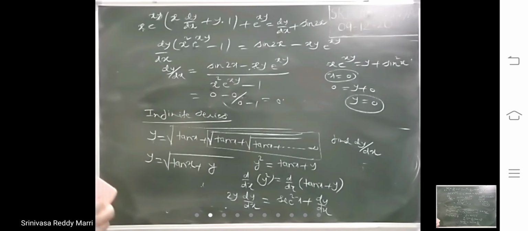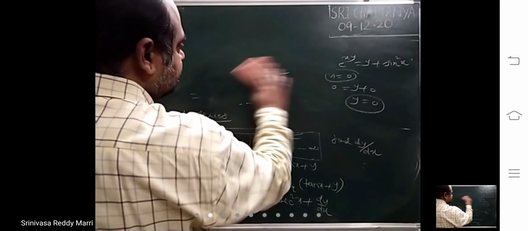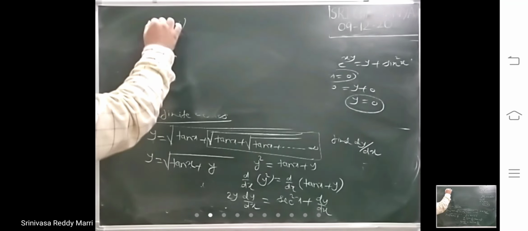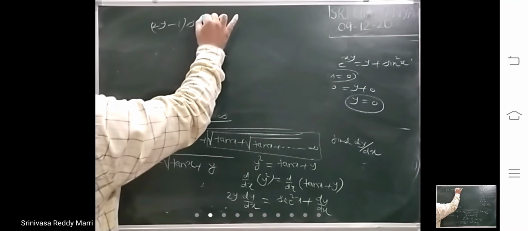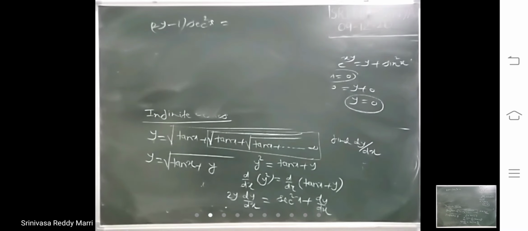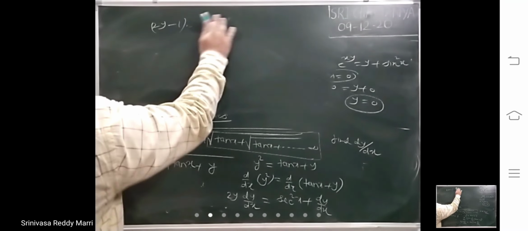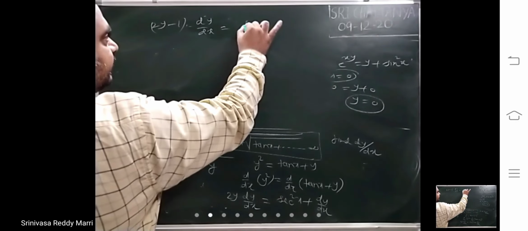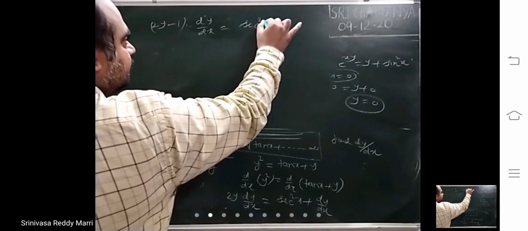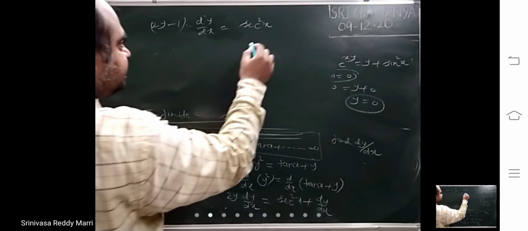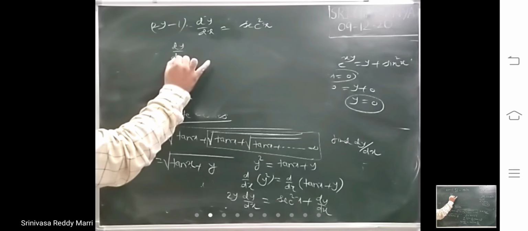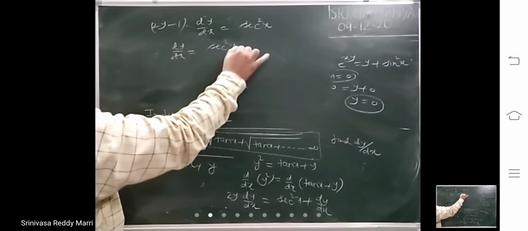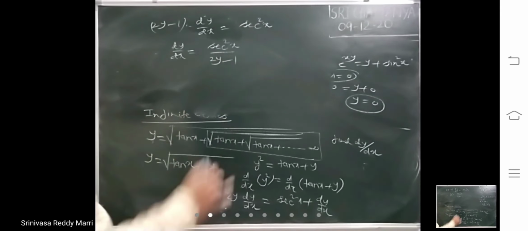Now you can calculate dy by dx: 2y minus 1 into dy by dx is secant square x. That means dy by dx is secant square x divided by 2y minus 1.